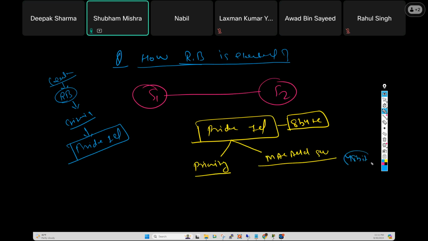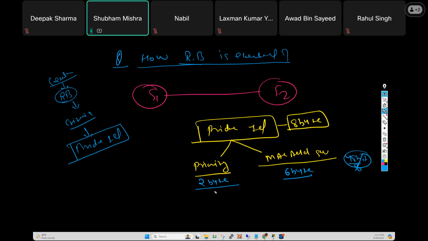When you convert it into bytes, it is 6 bytes. So the MAC address is 6 bytes. 8 minus 6, how many bytes are left? 2 bytes. So 2 bytes is the priority. Your Bridge ID is made up of priority plus MAC address. Priority size is 2 bytes and MAC address size is 6 bytes.